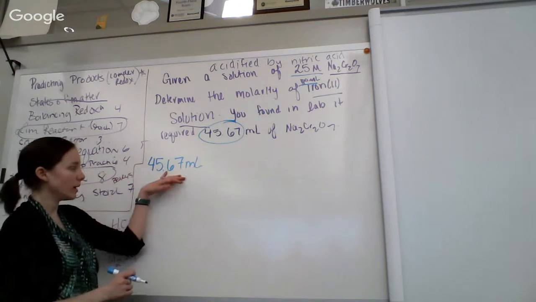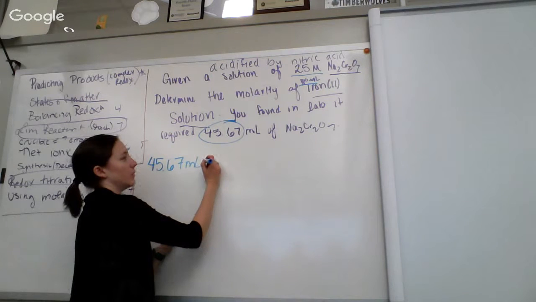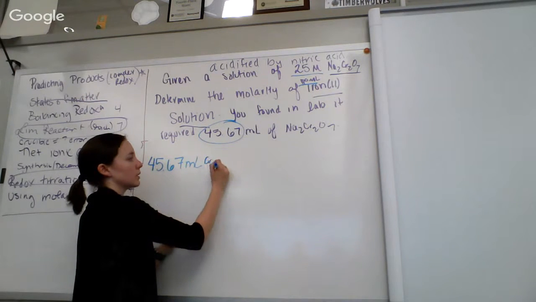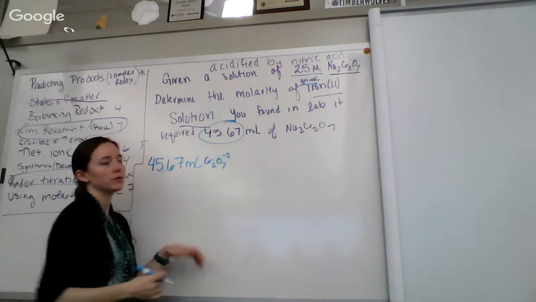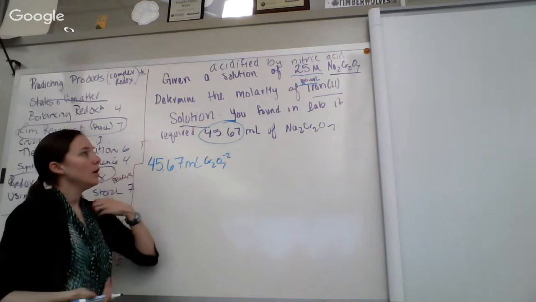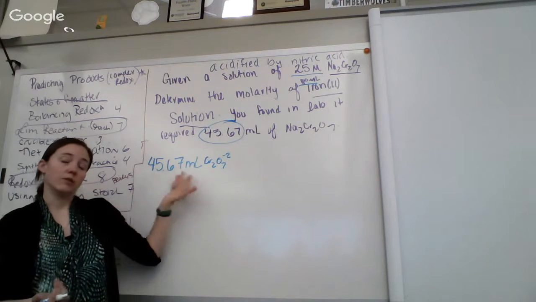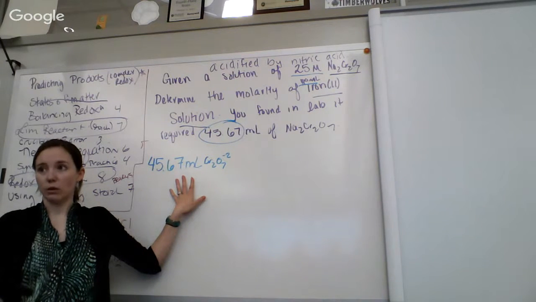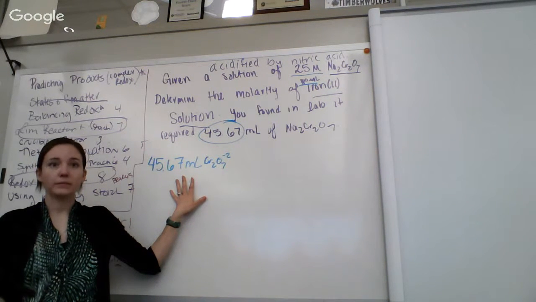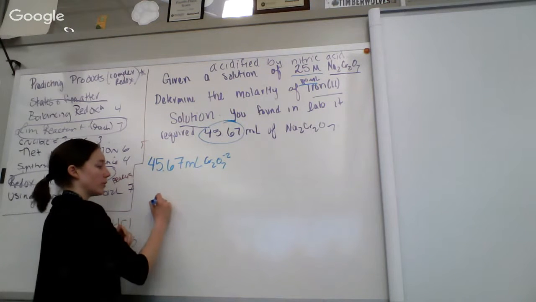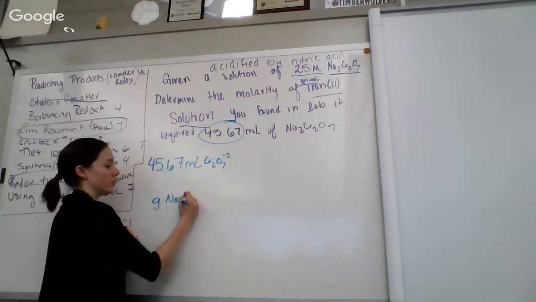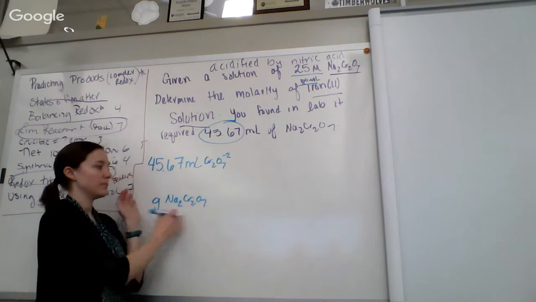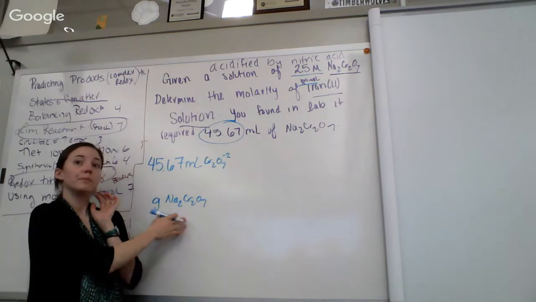Okay, so if I've got milliliters here of my dichromate, which really I only care about the dichromate part, I'm just going to put that part in there. Because this isn't grams. If this were grams of Na2Cr2O7, then I'd be measuring its mass.